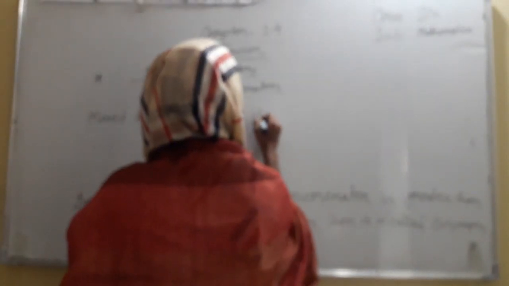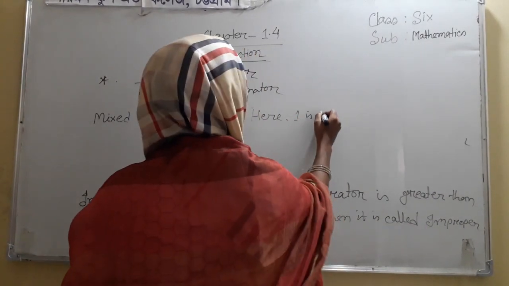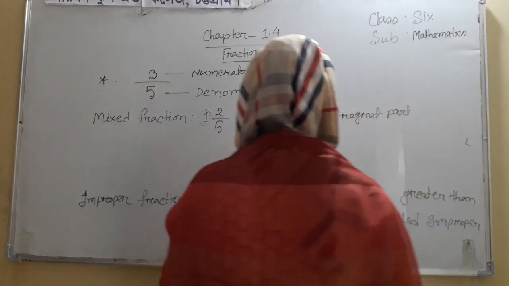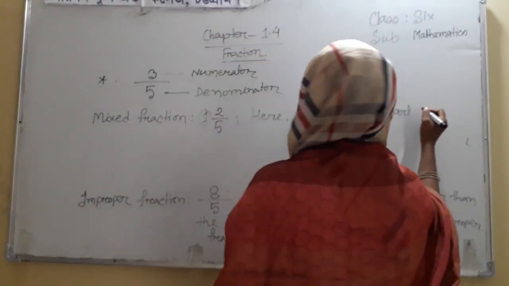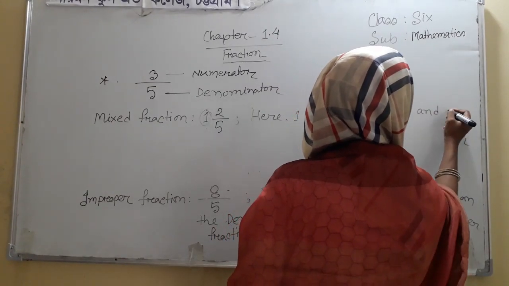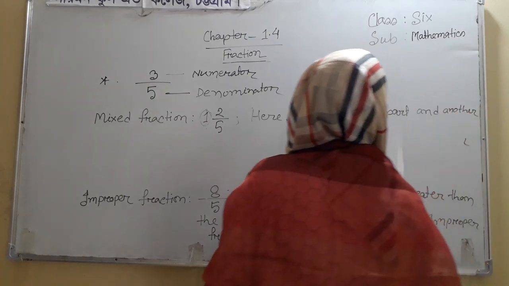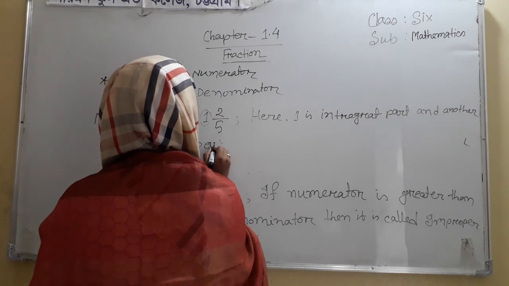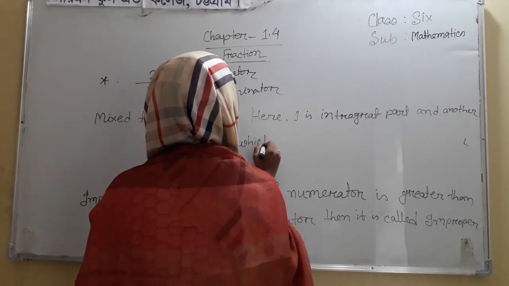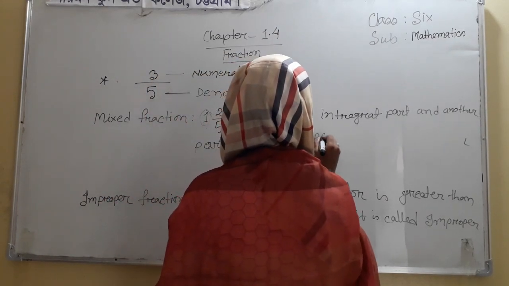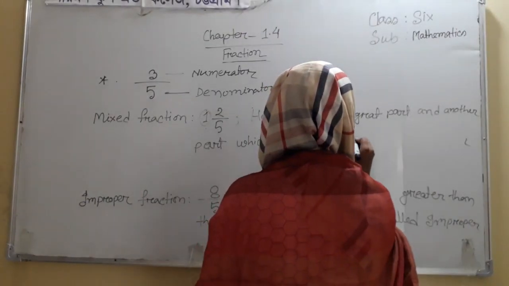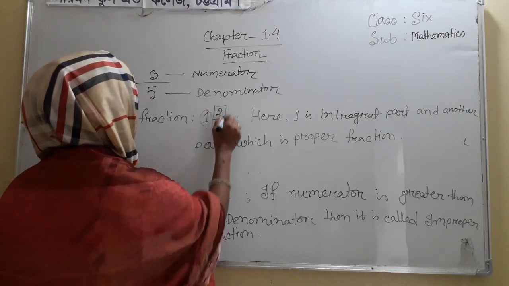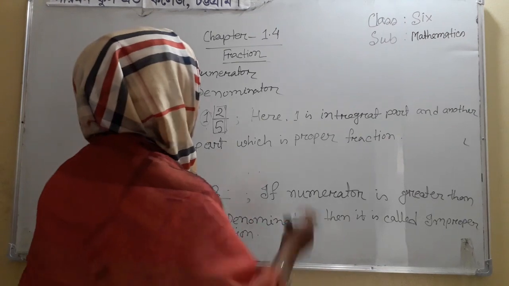Now we can write here, 1 is integral part, and another part, in mixed fraction, this part is, of course, proper fraction.